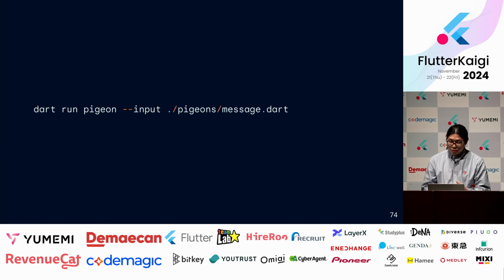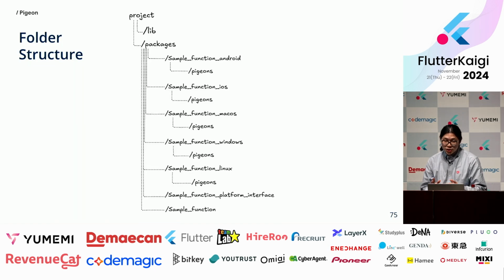The code generation process has become much simpler compared to the previous method, right? When using Pigeon and the plugin platform interface package, the folder structure looks like this. You create a separate package for each platform, and then apply Pigeon to generate the respective code for each platform.